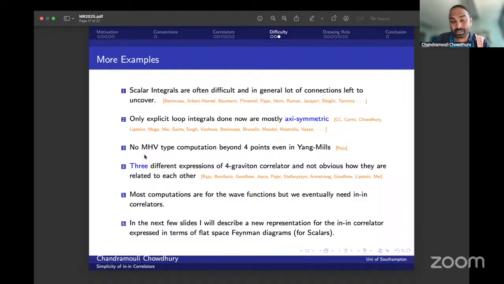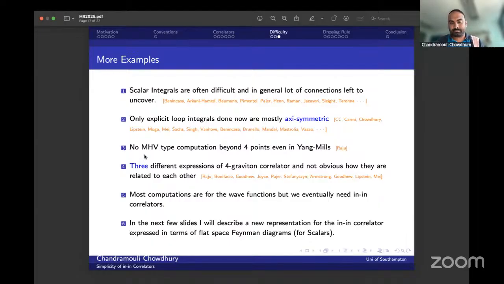And all of these so far have actually been focused on the wave function. But of course, eventually you need to compute the correlators, for which you need to do this other path integral that I just described. So as you can imagine, the situation at the moment is still at its infancy; we have not really understood a lot and there's a lot to do.